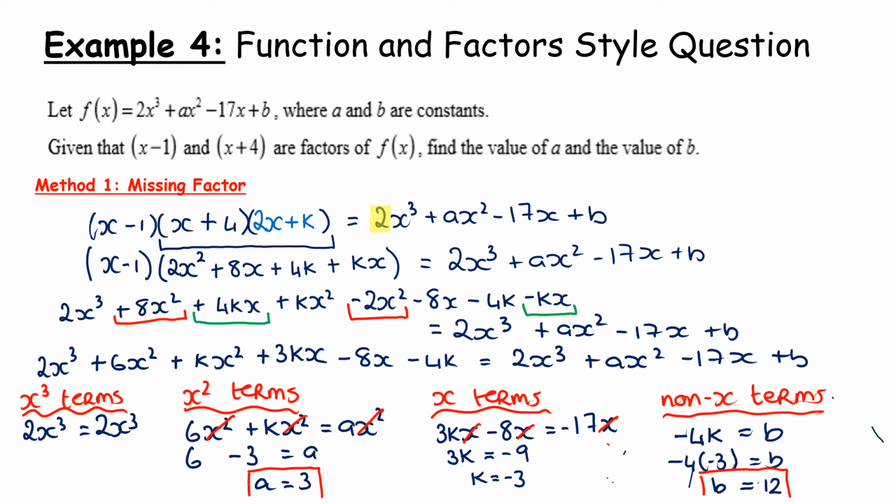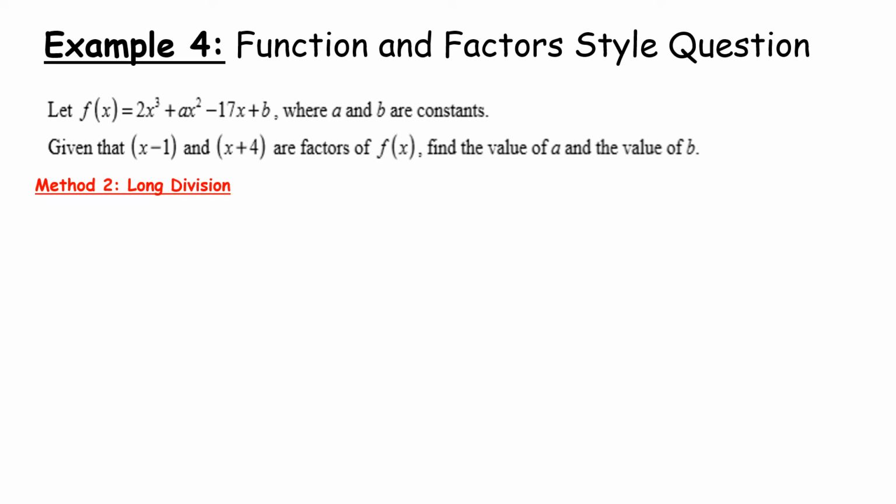So letting 2x plus k be the missing factor, working it through, a lot of multiplication, but very much the traditional style of the unknown coefficients question. So let's look at method 2, which is long division. Now, in order to do long division efficiently, I would say take your two factors and create a bigger factor by multiplying them together.